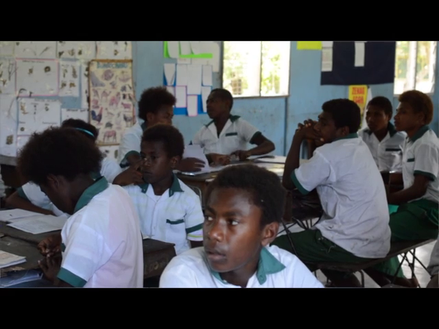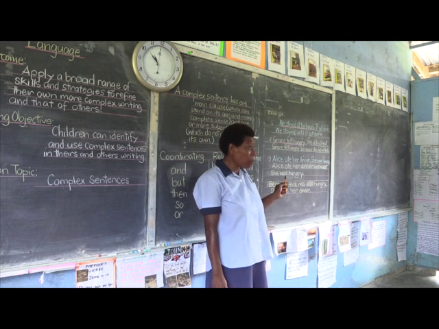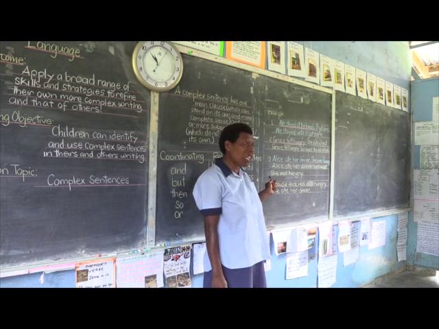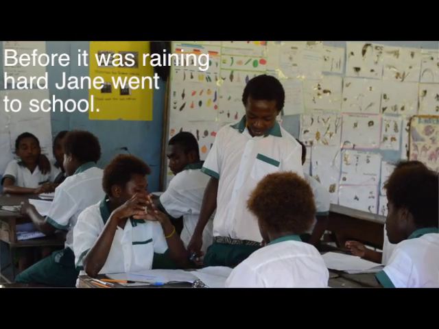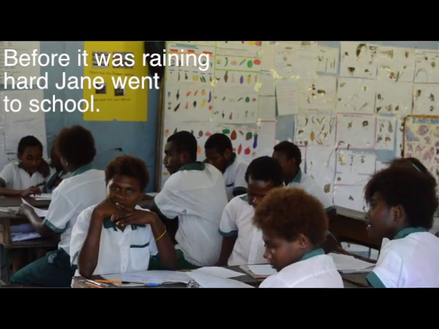Who would like to begin with the word before, and make up a sentence beginning with the relating conjunction? Before it was raining hard, Jane went to school. Very good, very good.